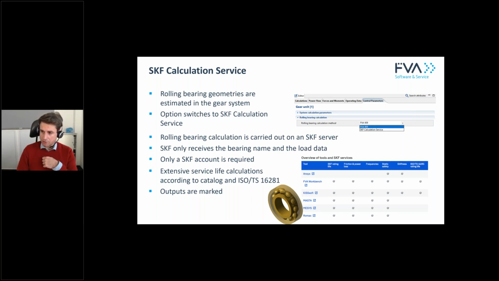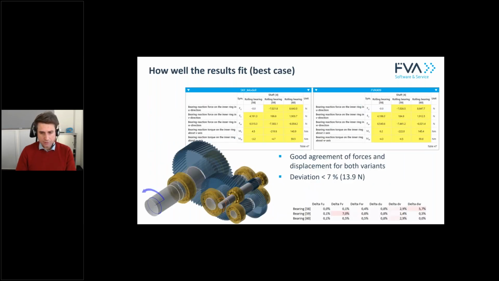And I was interested in the differences between our internal simulation and the SKF simulation, and I did a comparison between those. In a best case scenario, so this is the input shaft here for a 4-stage parallel shaft transmission, we have a deviation in deflection below 7%, which equates to 13 newtons, which is negligible.